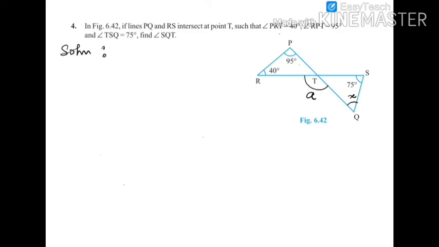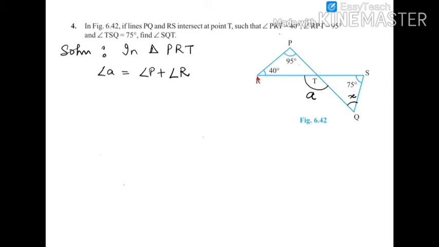It is important to write the name of the triangle in which the exterior angle property is being used. So starting with the triangle PRT, angle A should be equal to angle P plus angle R. Notice that I am not using complete name for the angle.